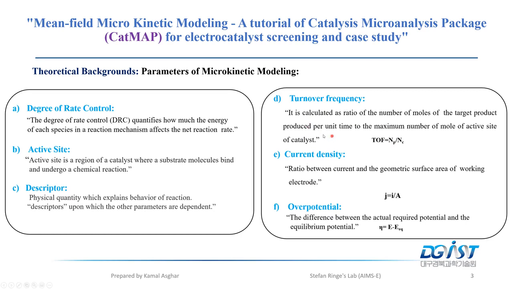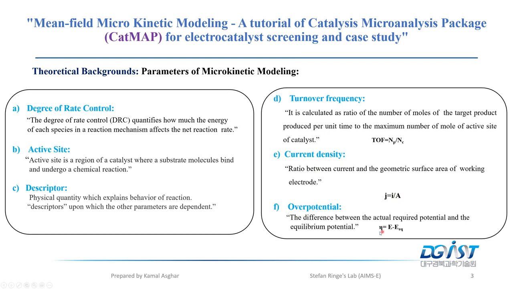It is generally used to define the activity of the catalyst, and current density is the ratio between current per unit area. This unit area is equal to the surface area of the working electrode. So the parameter current density is also used to identify the activity of the catalyst. The higher the current density, the more ideal your system will be.